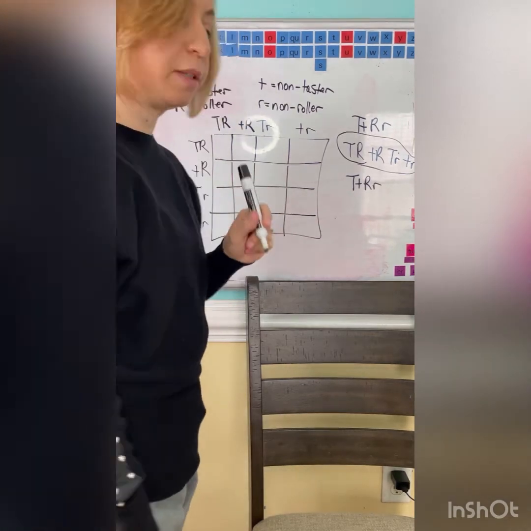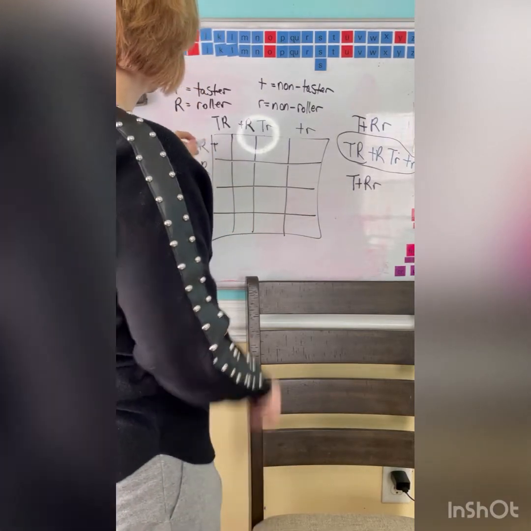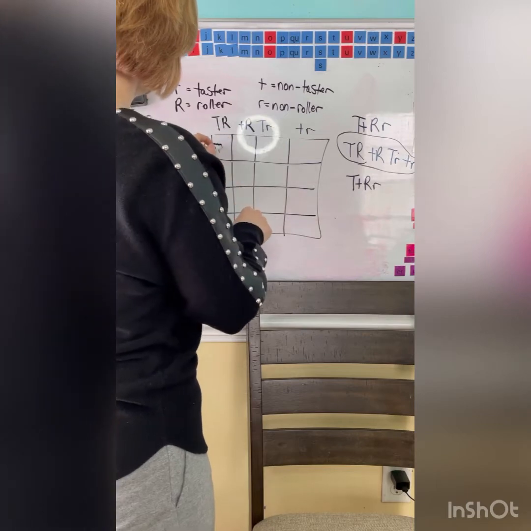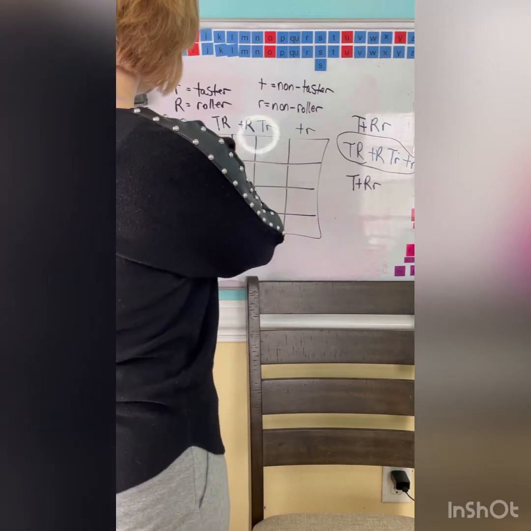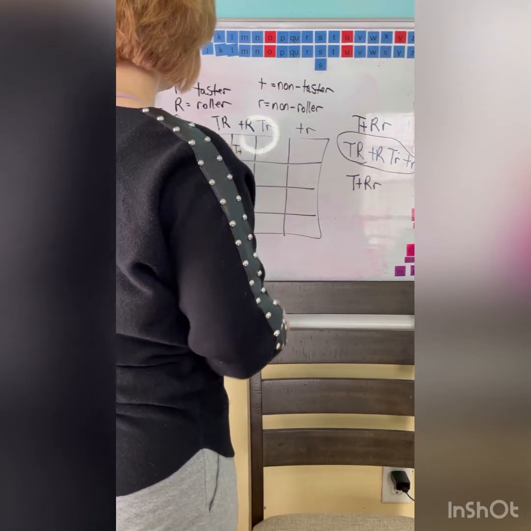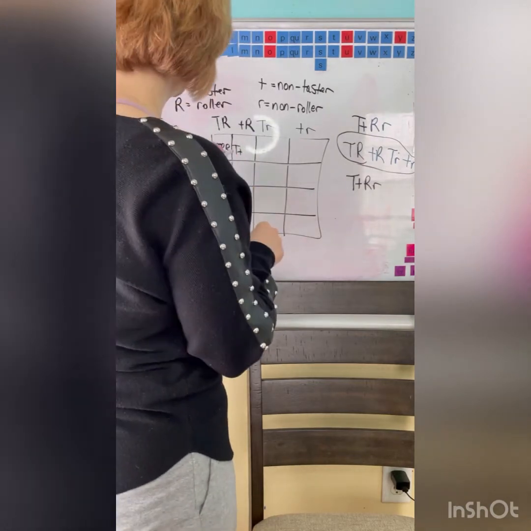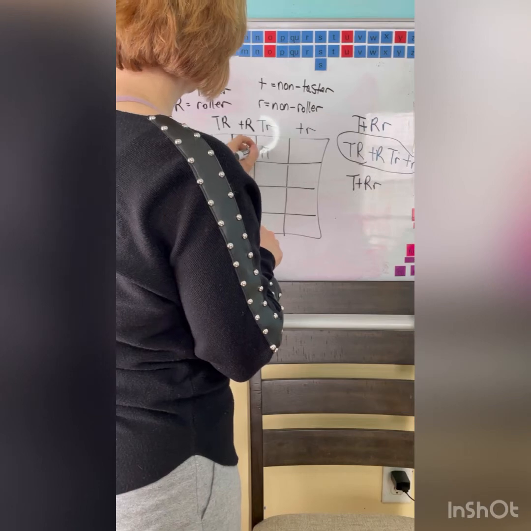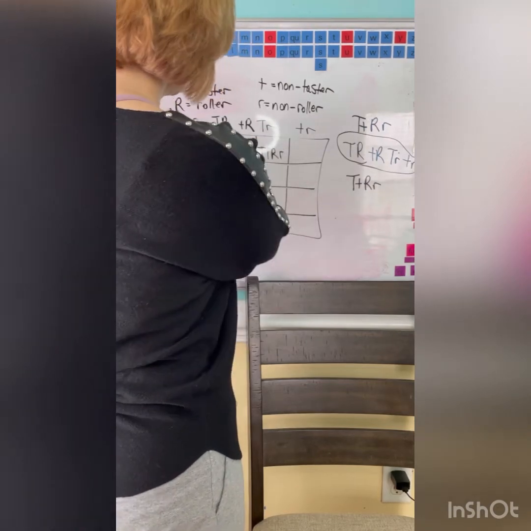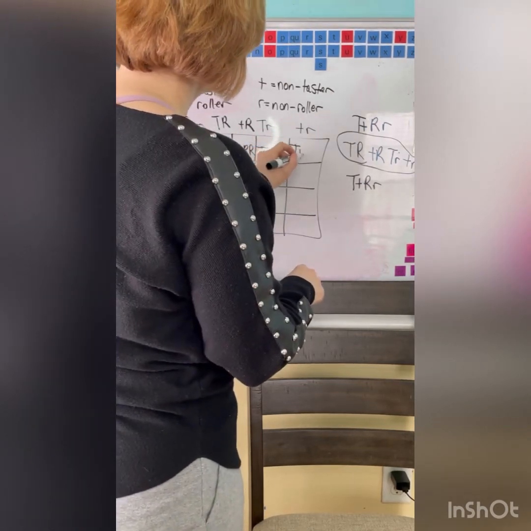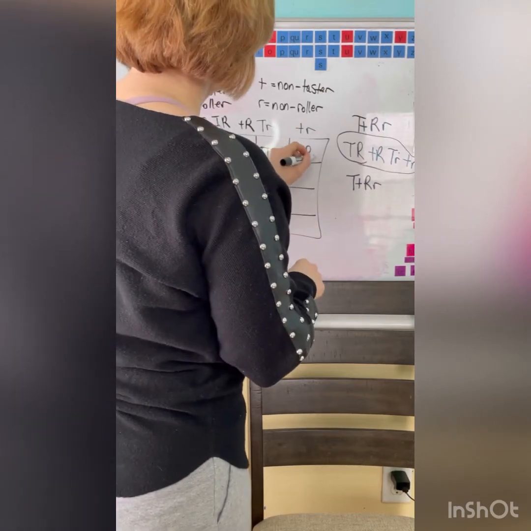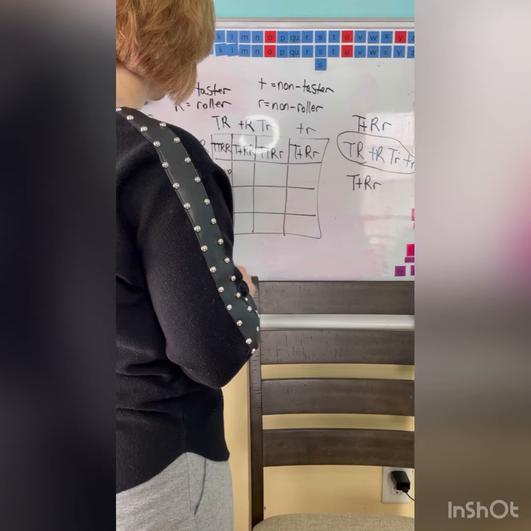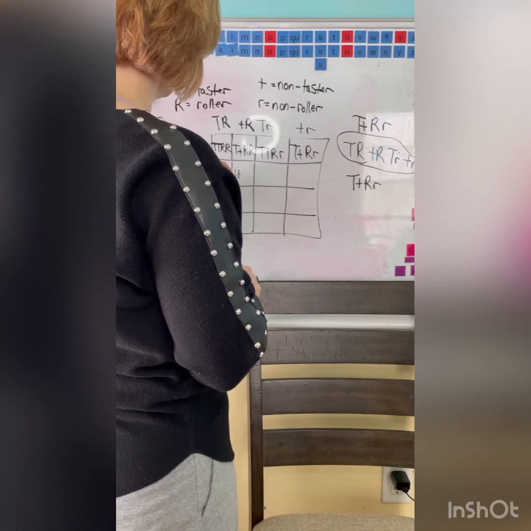All right, now we're just going to fill in. We have big T here, big R, and we just fill in across. Remember to put the dominant gene first. Big T, big R, little r. Okay. Just takes a while to fill these out, but it's not hard.